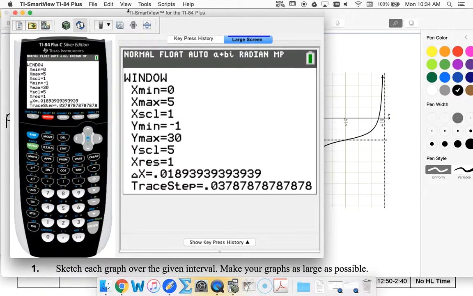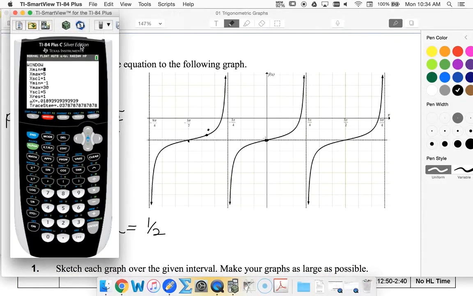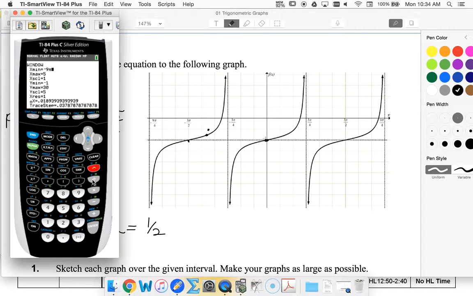So in my window, I am going from -9π/4 to 9π/4. We are counting by π/4s.